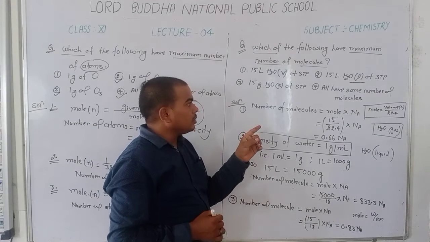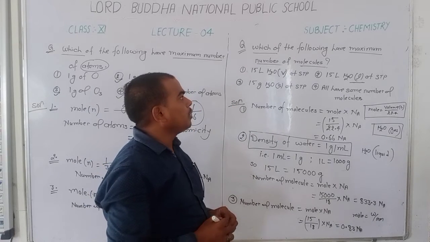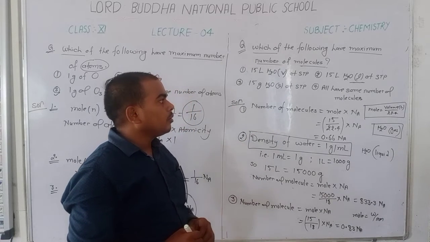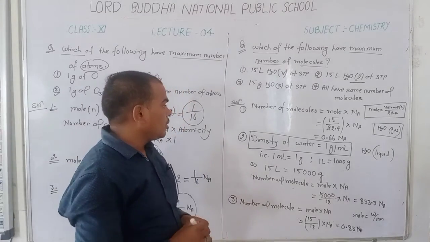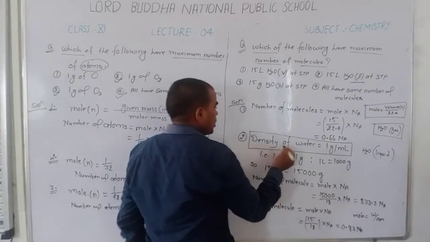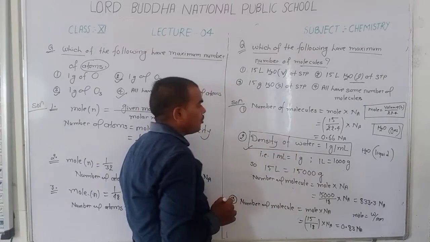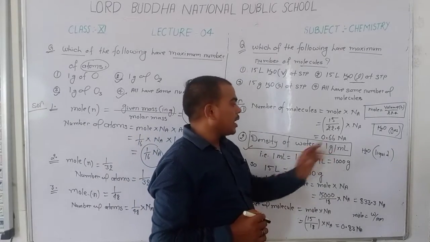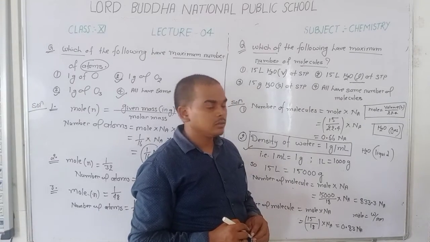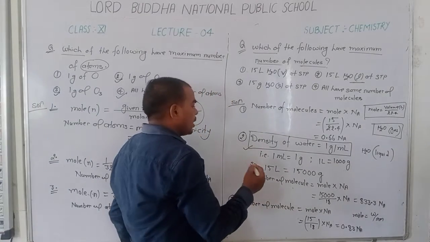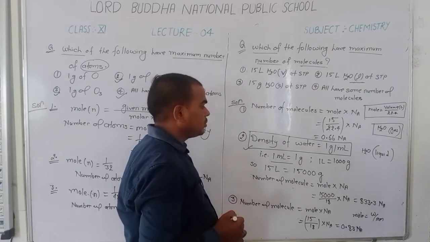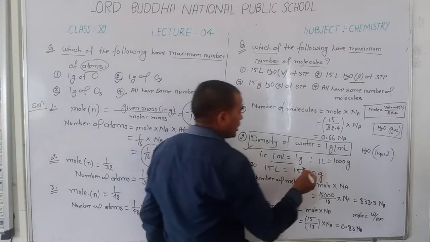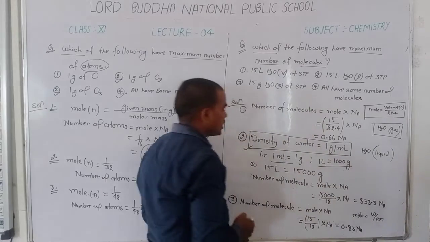For the calculation of number of molecules in 15 liter H2O, you know that the density of water is 1 gram per ml. 1 ml is equal to 1 gram and 1 liter equals 1000 gram.